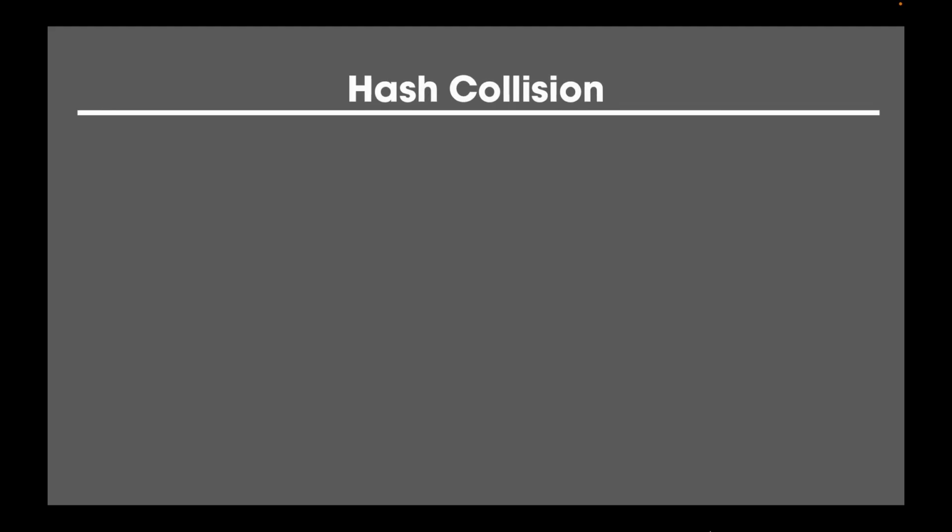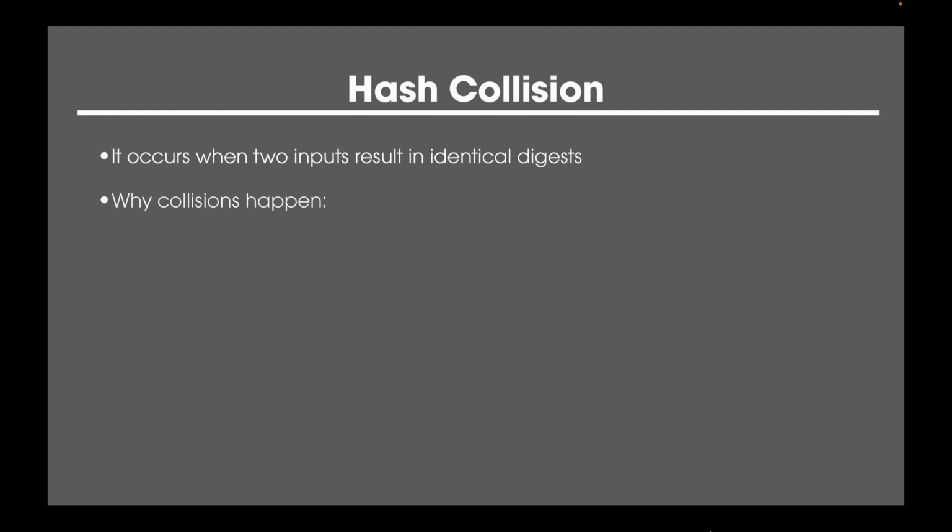Let us start with hash collisions. A hash collision occurs when two or more different input messages produce the same hash value or digest. Now the question is, why do collisions happen? Collisions occur due to the fundamental property of hash functions.